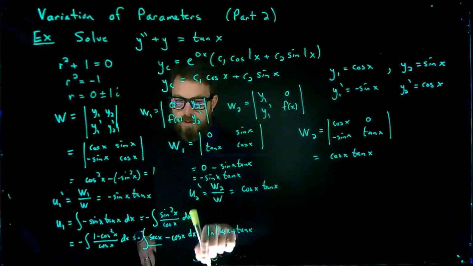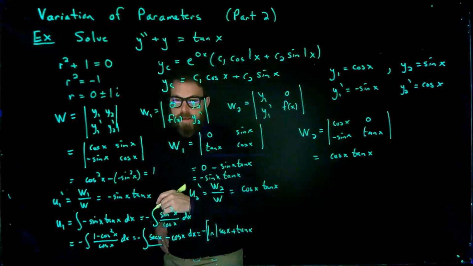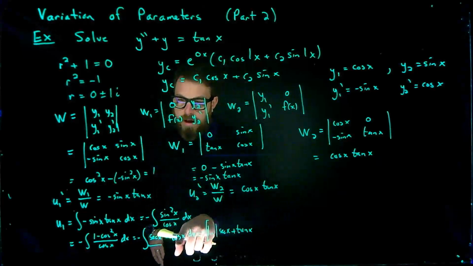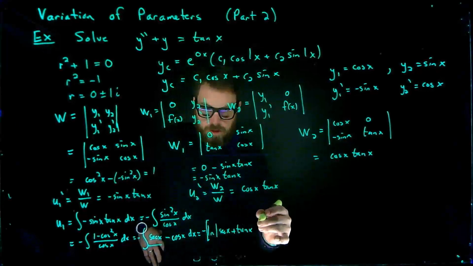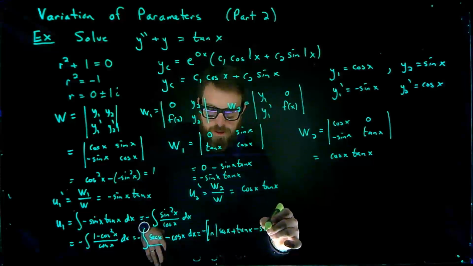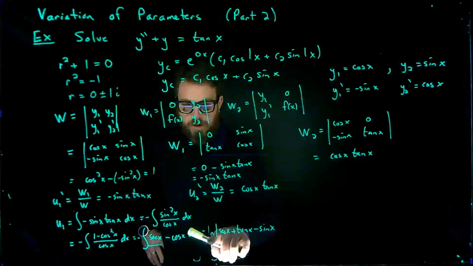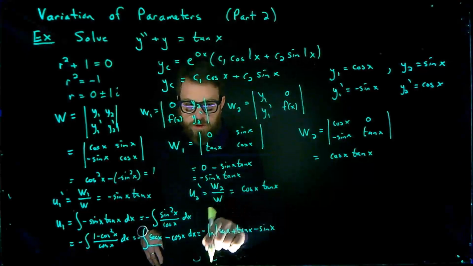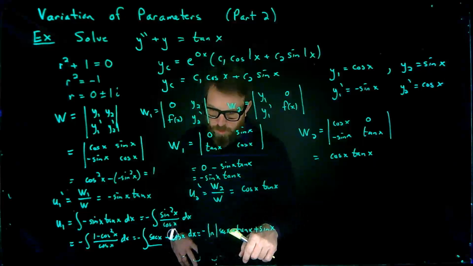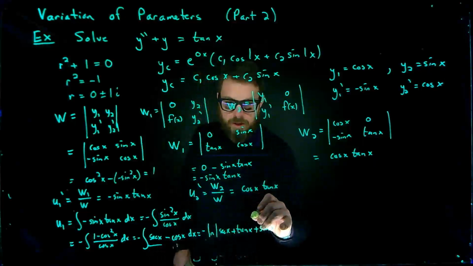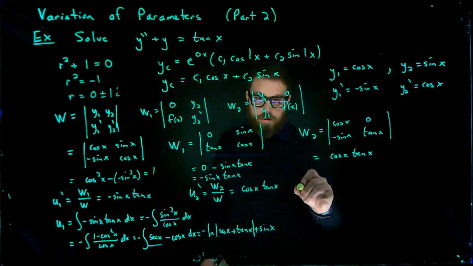Oh, I forgot my negative sign. Minus this entire thing. And then the antiderivative of the cosine of x is going to be the sine of x, so minus the sine of x. Now I'm going to distribute this negative through, so it'll make the first term negative, make the second term positive. All right.